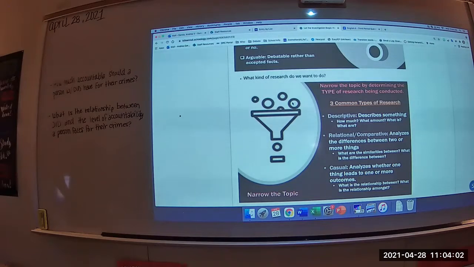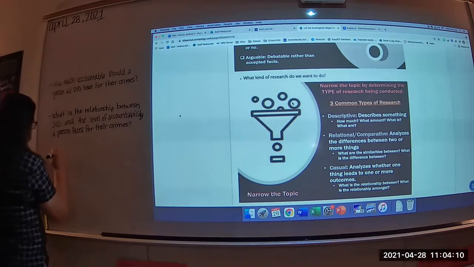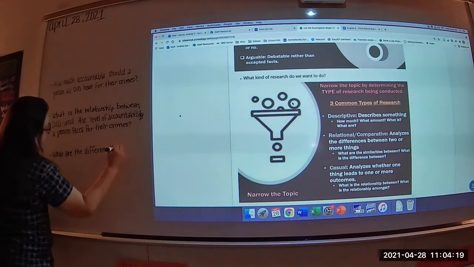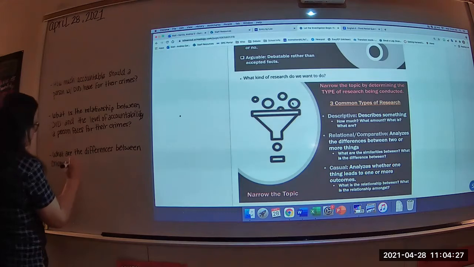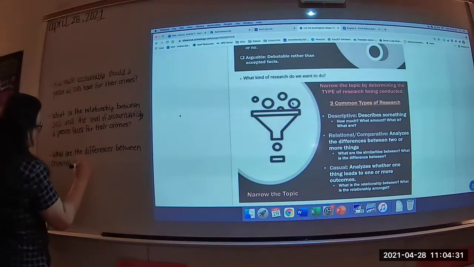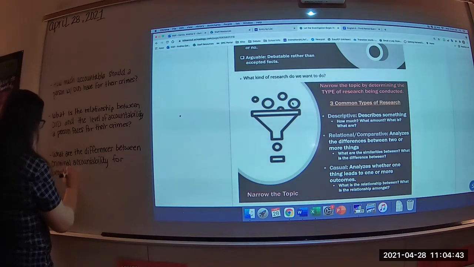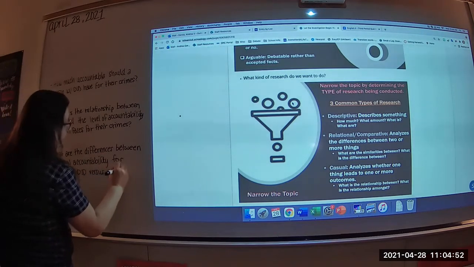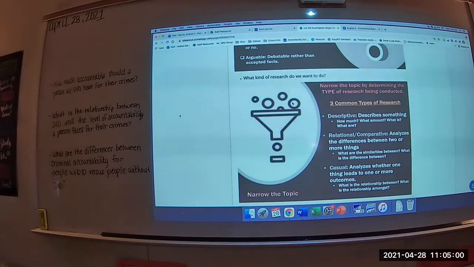What about a relational or comparative one? It says, what are the differences between criminal accountability for people with DID versus people without DID, right?